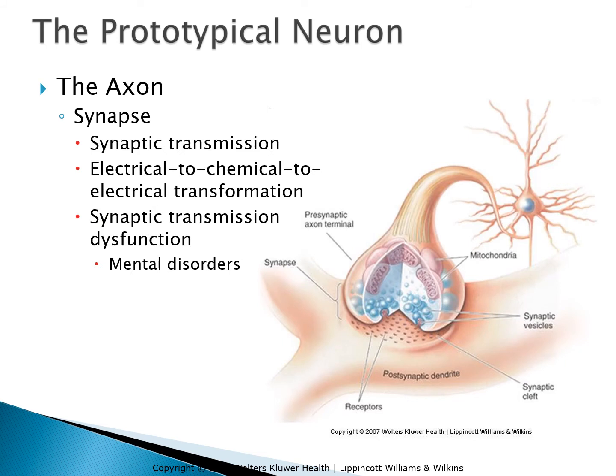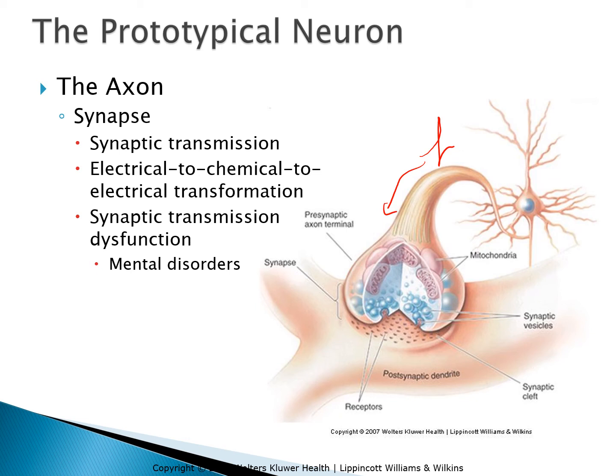Okay, synapse. We have synaptic transmission. Basically there's a point where electrical signaling turns to chemical signaling and then back to electrical signaling. So electricity in the form of an action potential makes its way down towards the end.